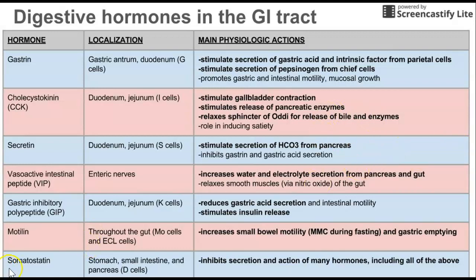Next is secretin. It's going to be released again by your small intestines. S cells in the duodenum and the jejunum are going to release secretin. Its job is to stimulate the secretion of bicarbonate from the pancreas.